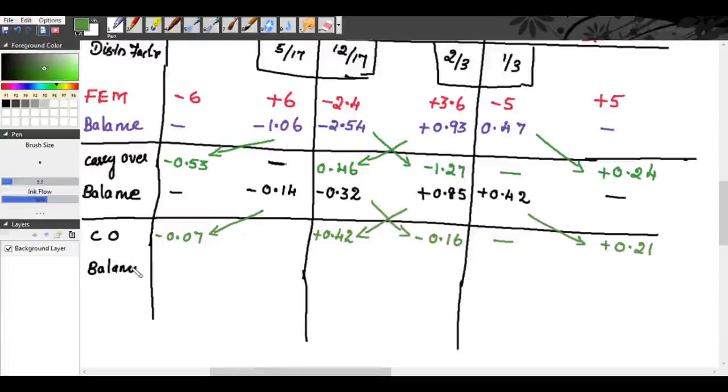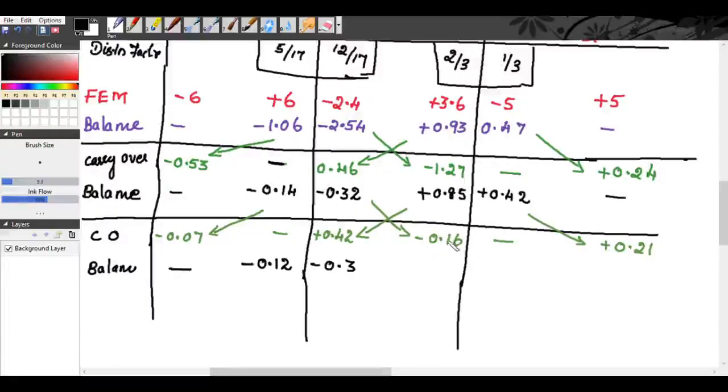Now we will balance it. Since it is fixed end, no balance there. So here it is 0.42. 0.42 multiplied by 5 by 17, we get 0.12, so it is minus 0.12. Again 0.42 multiplied by 12 by 17, we get 0.3, so it is minus 0.3.